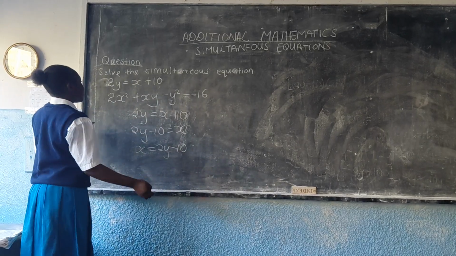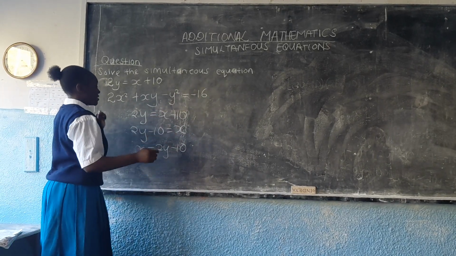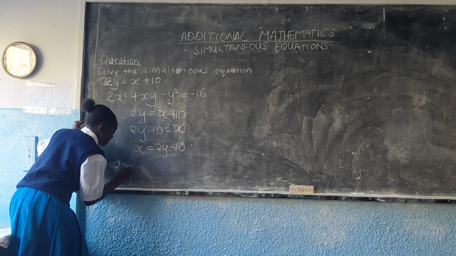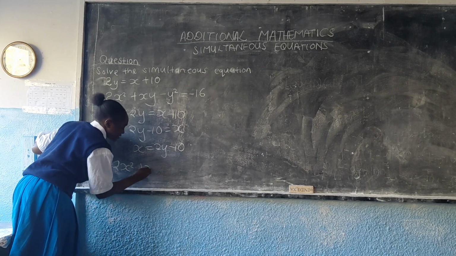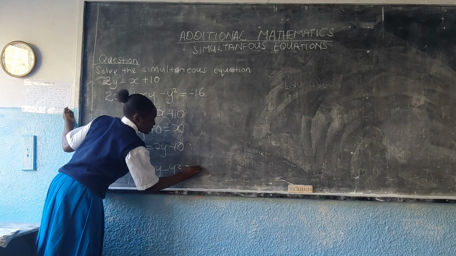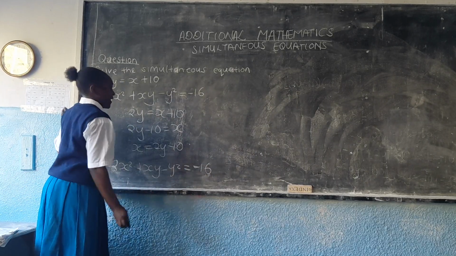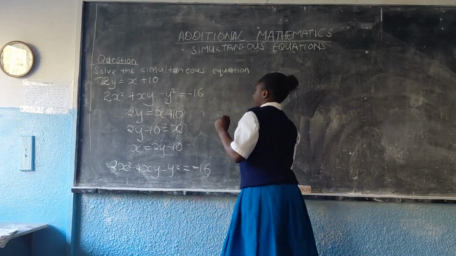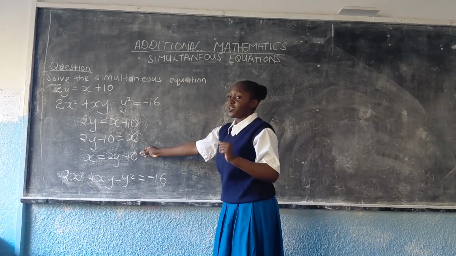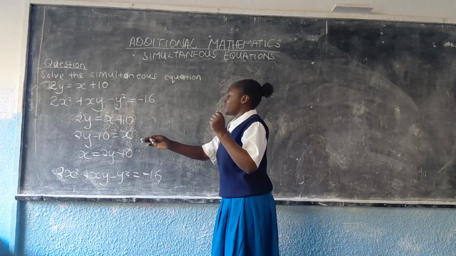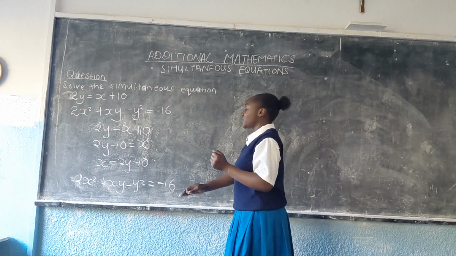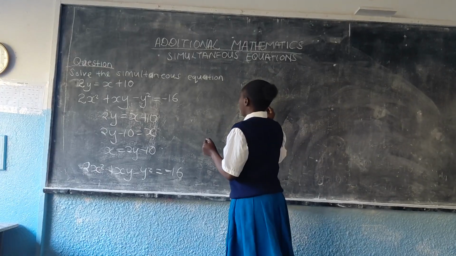At this point, we're going to get the non-linear equation and write it first. So it will be 2x² + xy − y² = −16. The second thing we're supposed to do is to take the linear equation that we found and substitute it into the non-linear equation, meaning wherever there is x, we're going to put 2y − 10.